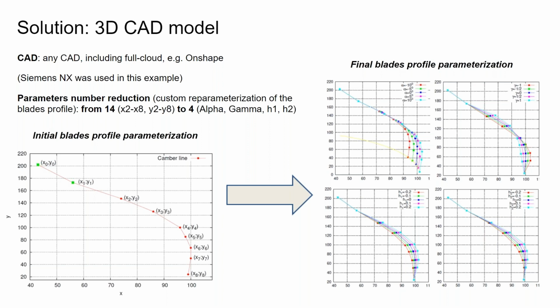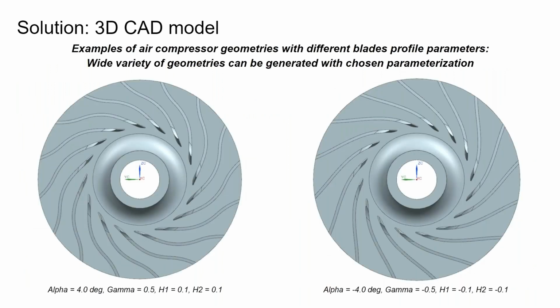You can see on this slide how these parameters influence the camber curve of the compressor blade. This parameterization allows us to generate a wide variety of impeller geometries. And here you can see 2 different examples which are pretty different from each other.